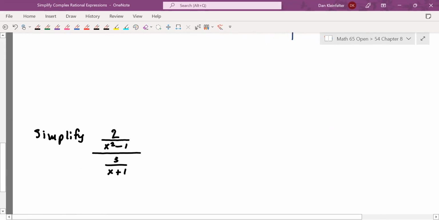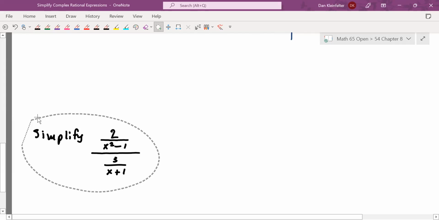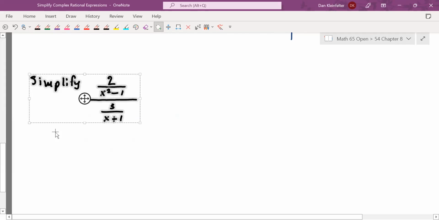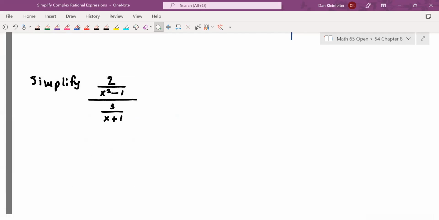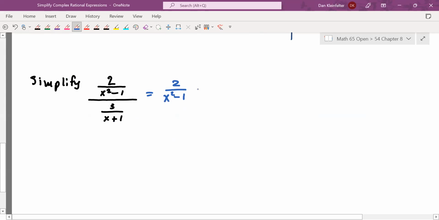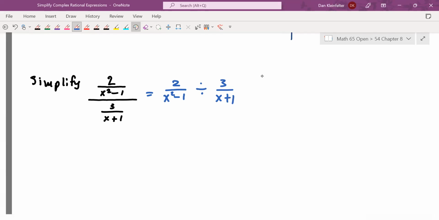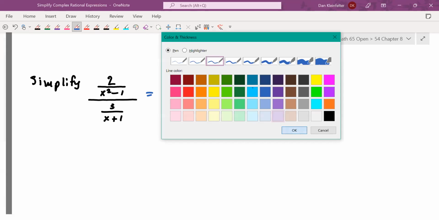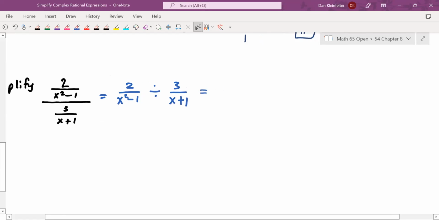So here we've got 2 over x squared minus 1, and then that's divided by 3 over x plus 1. So let me first write that as a division problem. That's 2 over x squared minus 1 divided by 3 over x plus 1. And then the denominator there on the left side, I want to factor that.